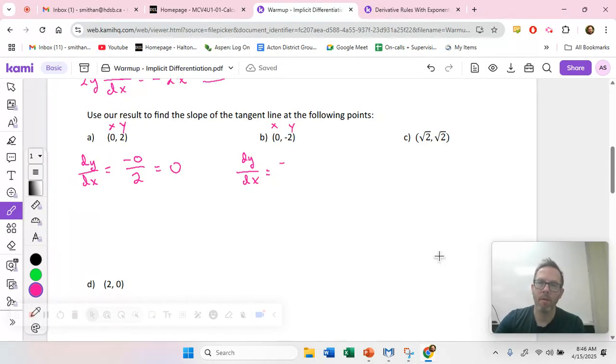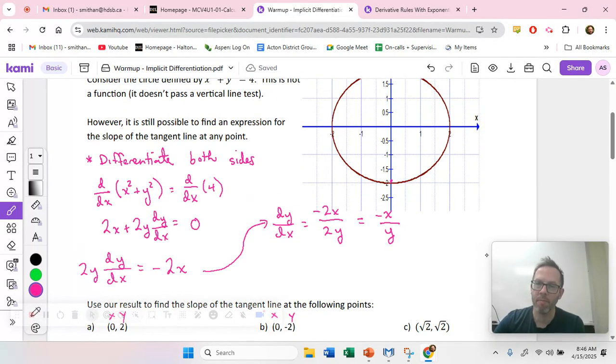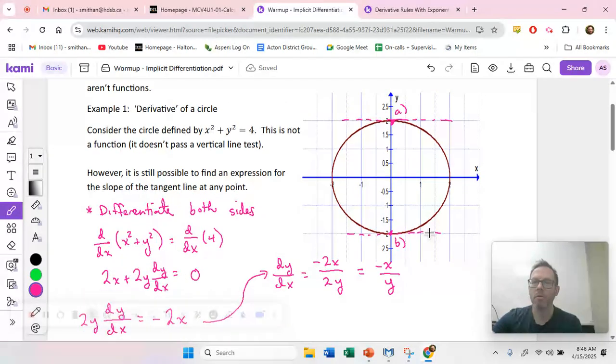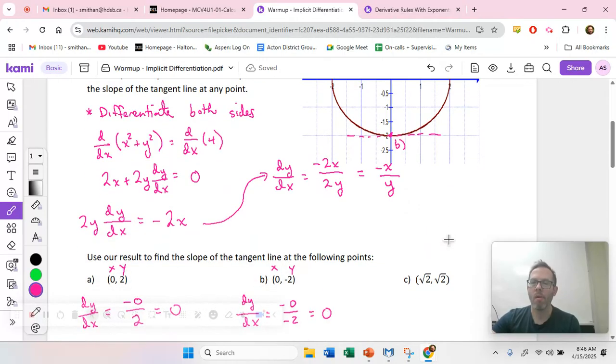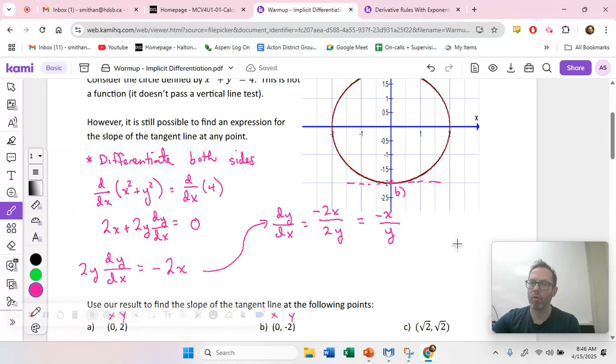So here this would be negative 0 over negative 2, which is still 0, which is what we expect, because 0, negative 2 is at the bottom of the circle. Very cool. That's part B. That was part A. What about at root 2, root 2? So that is on the circle.